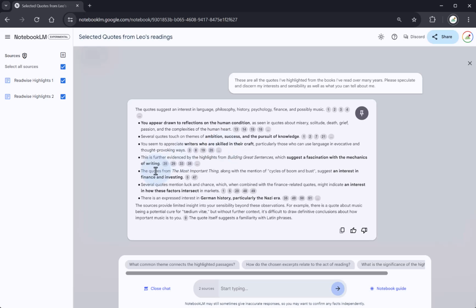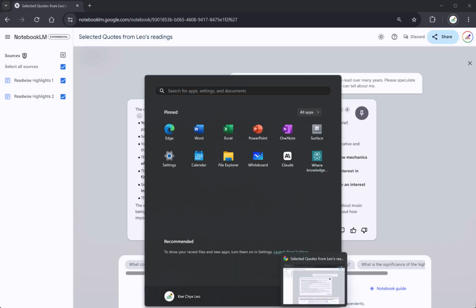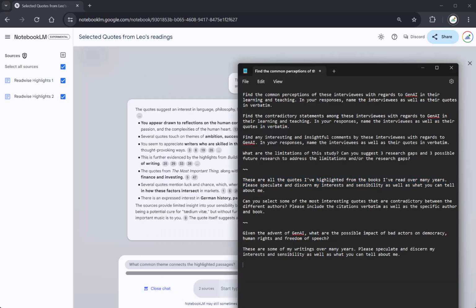Okay. So they are able to find some interesting things. How about we look at another one? Can you select some of the interesting quotes that are contradictory between the different authors?